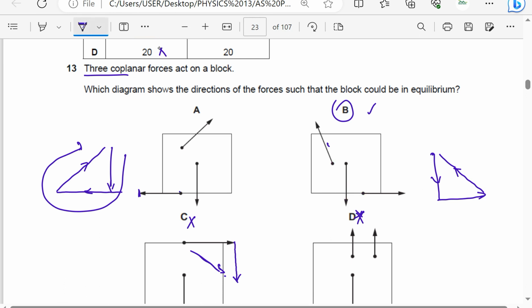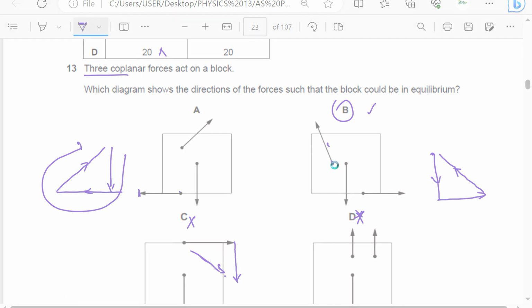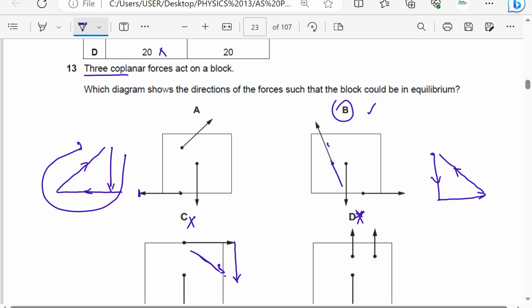So get a ruler, prolong the forces and see where they meet, if they meet at the same point. So I take this one downwards and bring this one downwards.